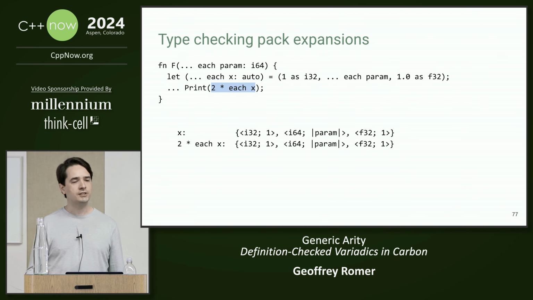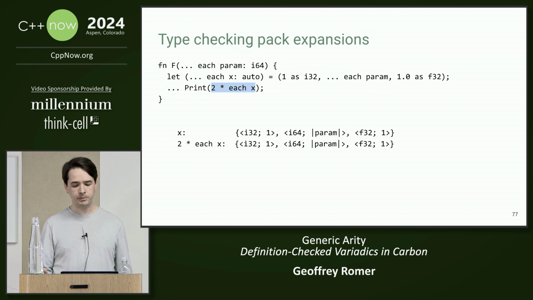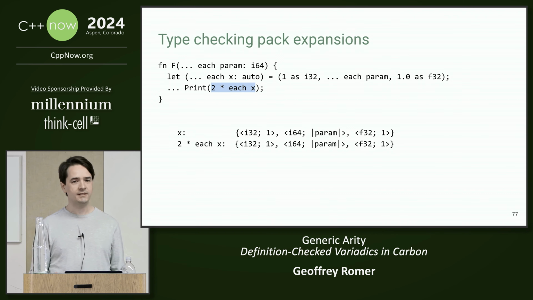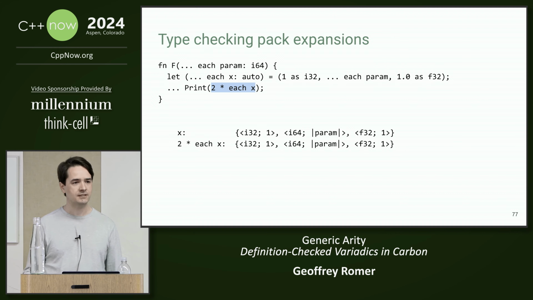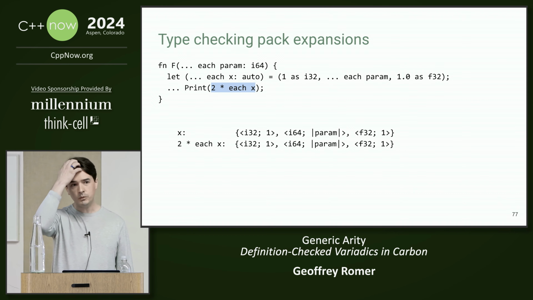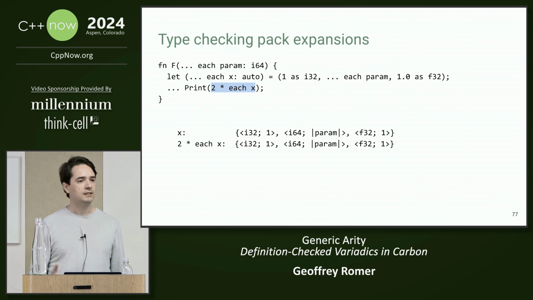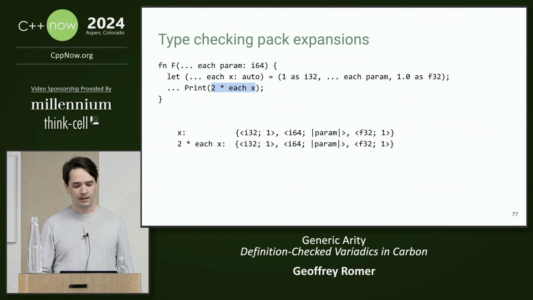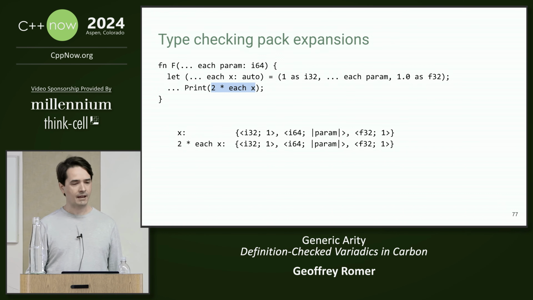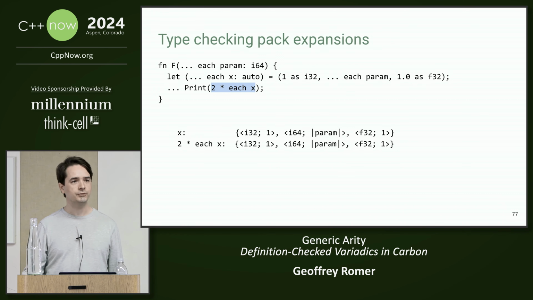We could imagine vectorizing that loop, at least in simple cases like this, so that you evaluate this expression once and get a pack of values. But that doesn't really work if the expression contains things like branches. So we do need to stick with the fundamental model that this is a loop. So this expression has a pack type, but not a pack value, just a sequence of values over time.